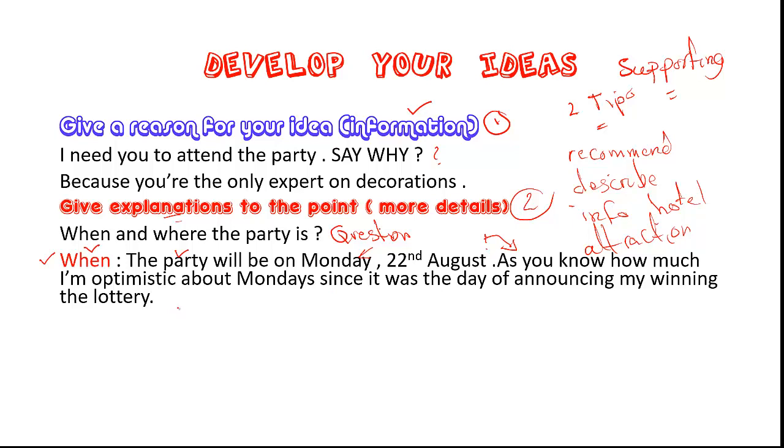He writes a great, complex, structured sentence grammatically: you know how optimistic I am about Mondays. Since is a subordinate connective which creates a complex sentence. It was the day of announcing my winning the lottery.